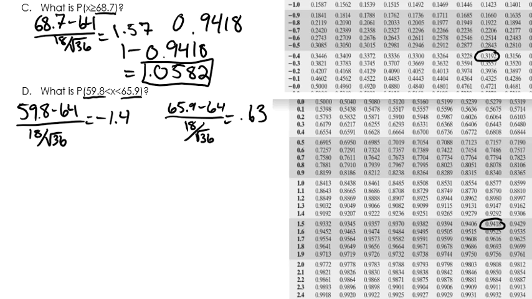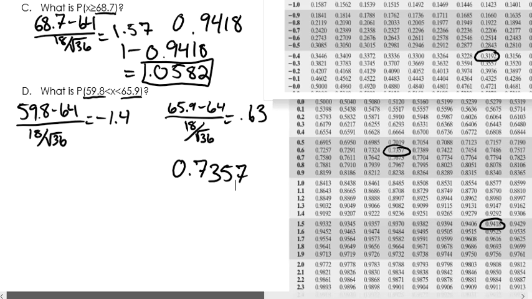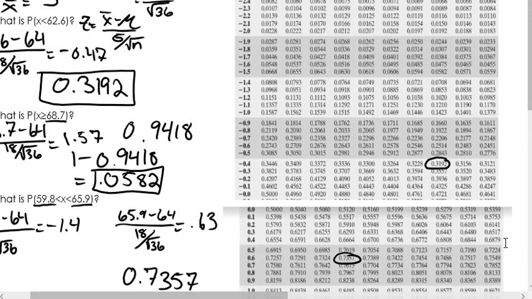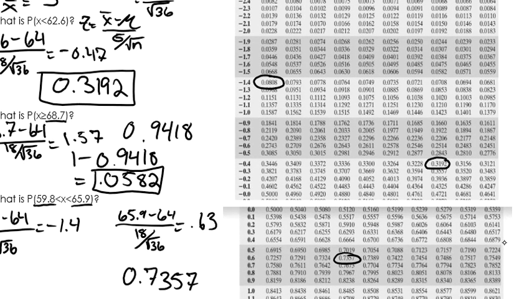Our next step is to turn these z-scores into proportions. So we're going to have two proportions. So our proportion for the z-score of 0.63 is going to be 0.7357. And our proportion for the z-score of negative 1.4 is going to be 0.0808.